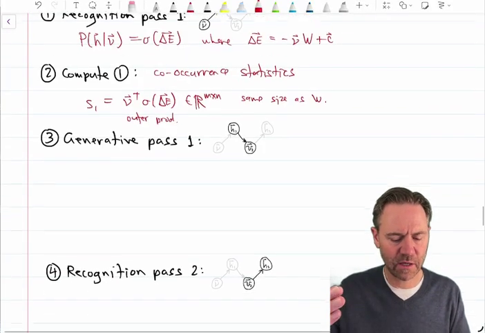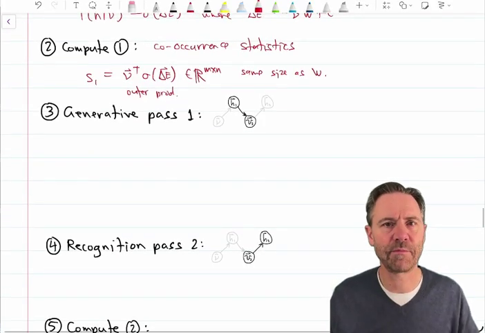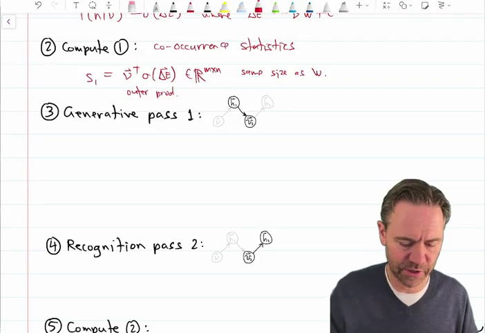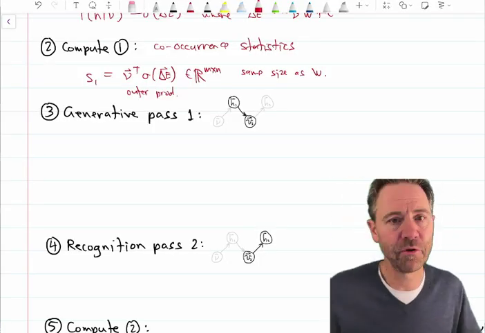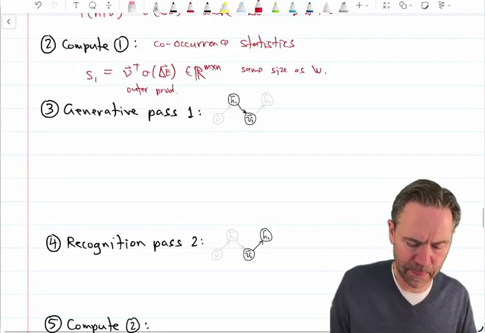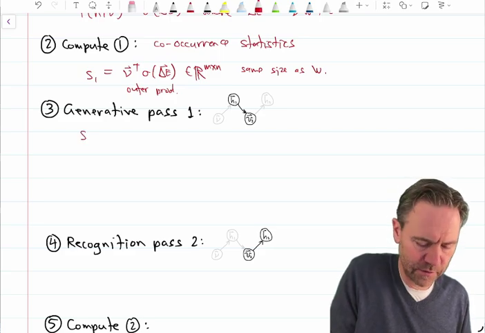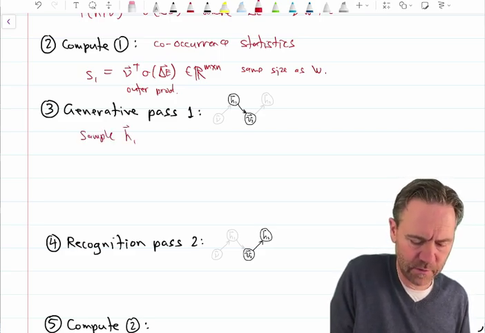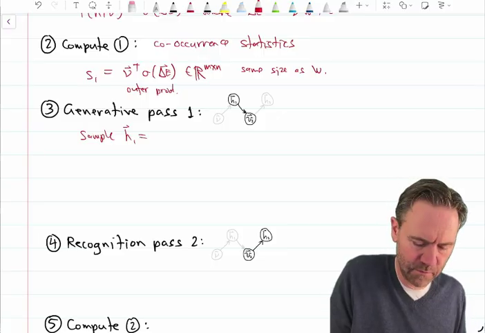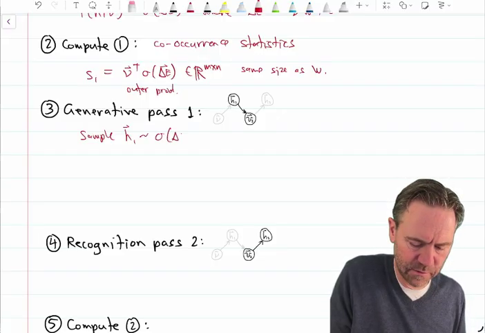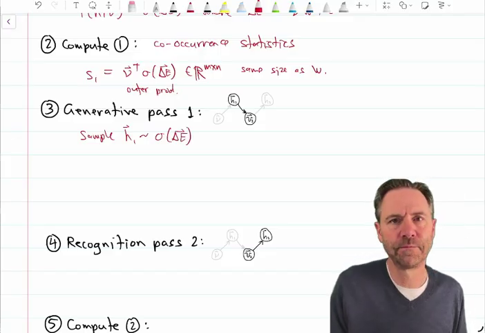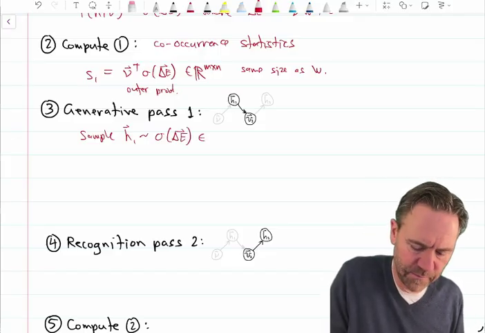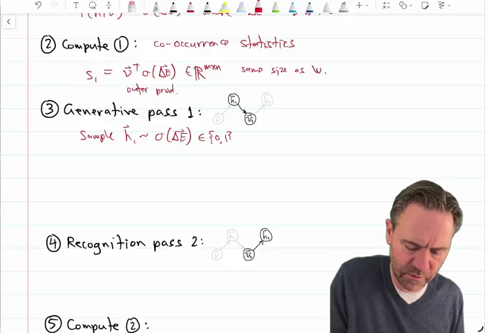Now we project those H's back down, but before we project back down, we have to sample H, we have to sample the Bernoulli process for the hidden nodes. So we sample H to come from this Bernoulli process. And that'll give us a vector of 0s and 1s.